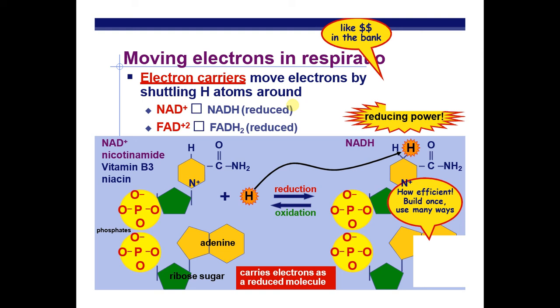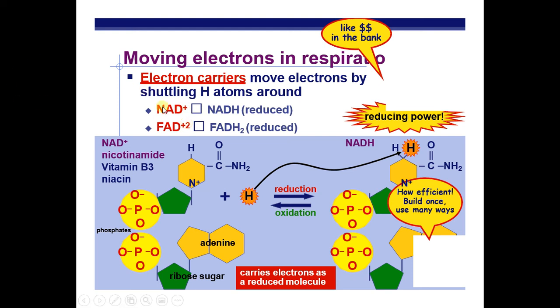Their sole job is to move electrons by shuttling hydrogen atoms around. In cellular respiration and in photosynthesis, you're going to see these two electron carriers, NAD+ and FAD+2. When you see those, think of electron carriers.